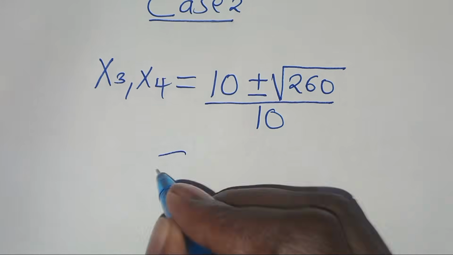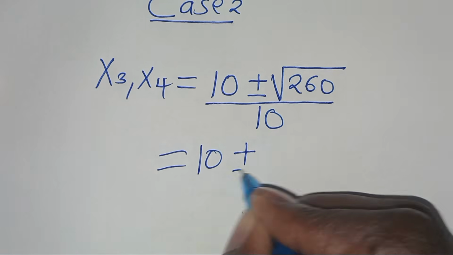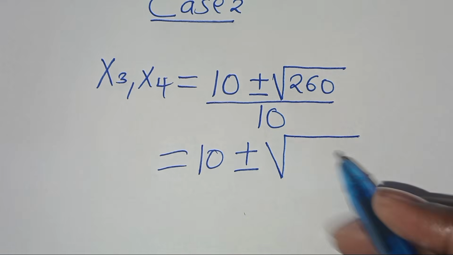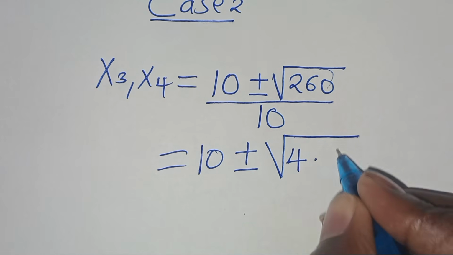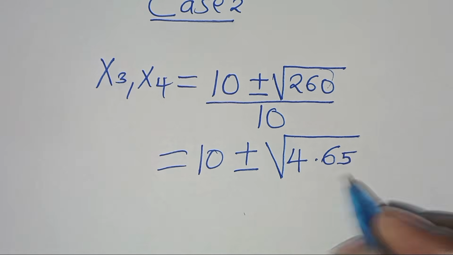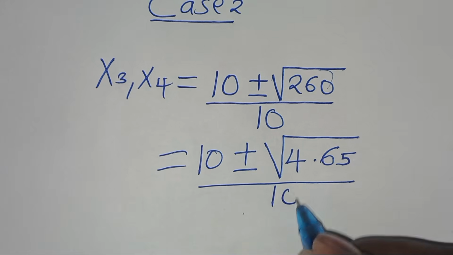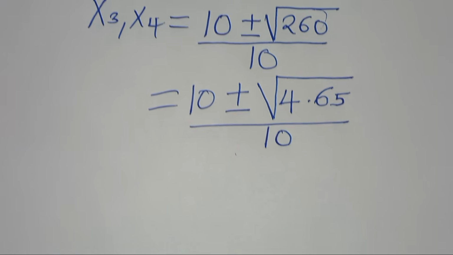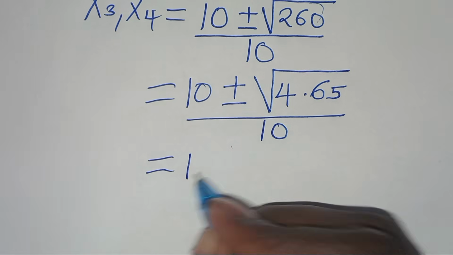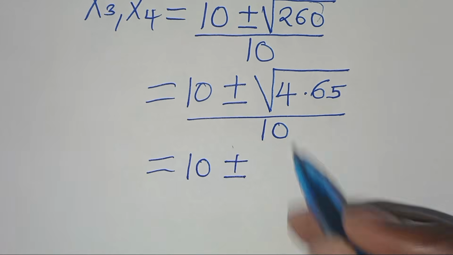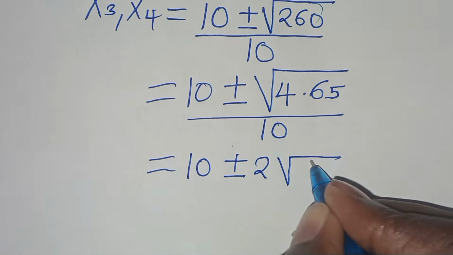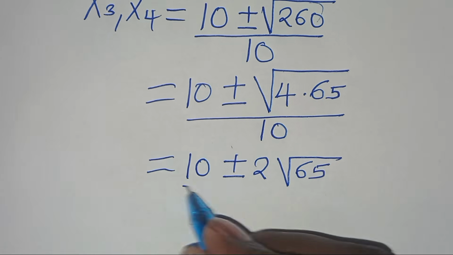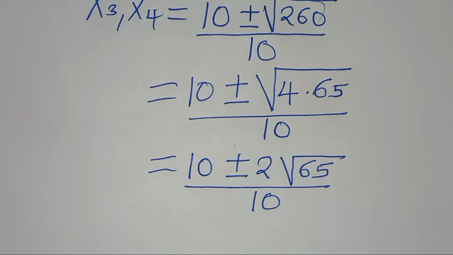Now the next step is that we can express the square root of 260 as the square root of 4 multiplied by 65, divided by 10. So this is the same thing as 10 plus or minus the square root of 4, this is 2, multiplied by the square root of 65, divided by 10.